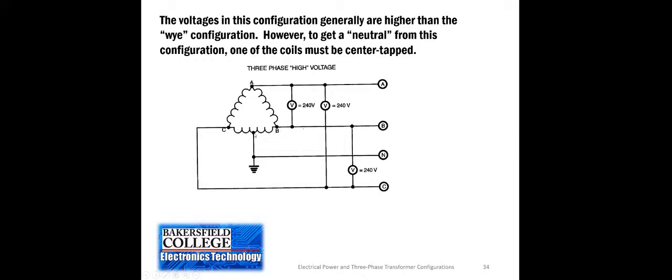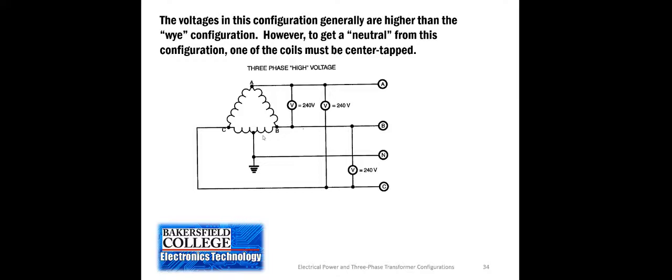If I did a center tap on this coil, then I would have 120 and 120. And the reason I can do that and not have to use the square root of 3 is because each of these coils is its own phase. So if I just go between the edge and the center of either side of a coil, that's single phase. So that will work to allow my neutral connection.